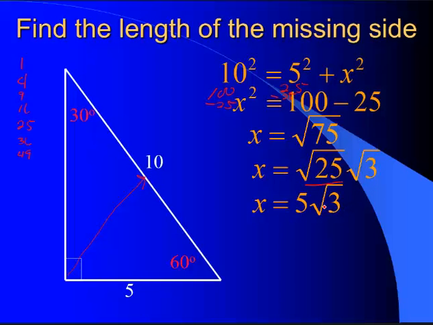So, look at what my long leg turns out to be. It follows the pattern. All I had to do is take my short leg and put a square root of 3 after it. You can do it this way if you're just into doing more work. Or you can choose to memorize the pattern and make your work way less and way shorter.